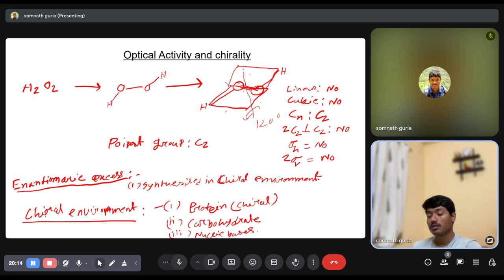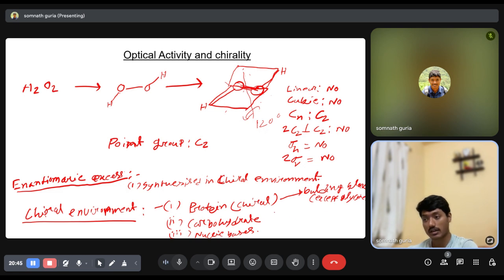Coming to protein, its building blocks are chiral amino acids, all except one amino acid, called glycine.